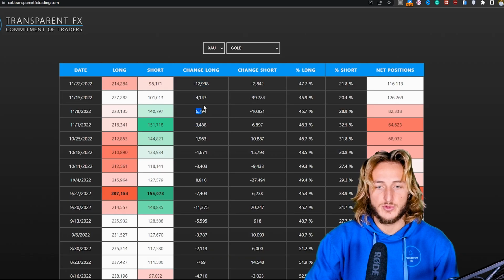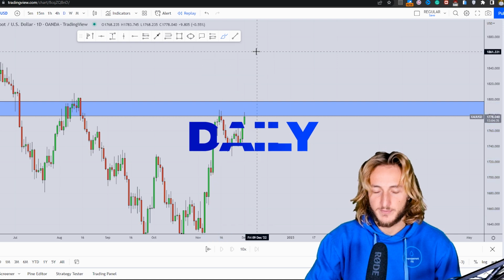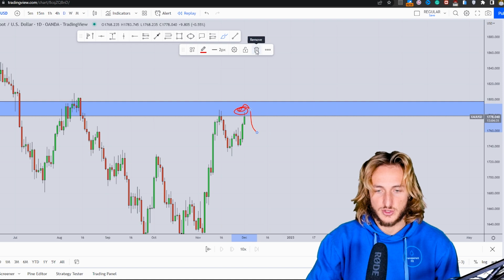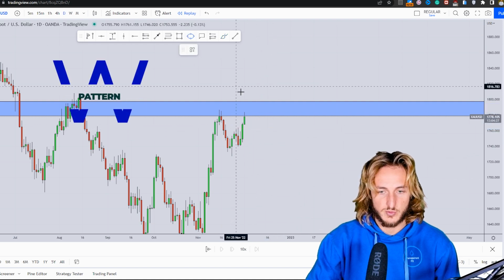Otherwise, they would simply continue to add longs as they have been doing during all this move to the upside. So from here, there is definitely the possibility for the market to provide a potential move to the downside to complete this W formation at this previous resistance turned support.